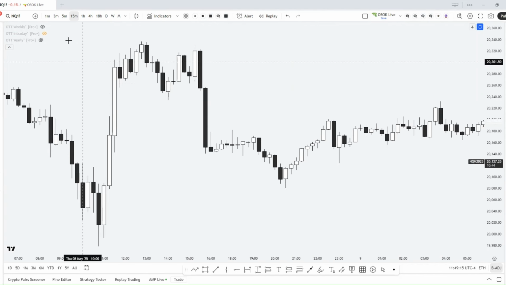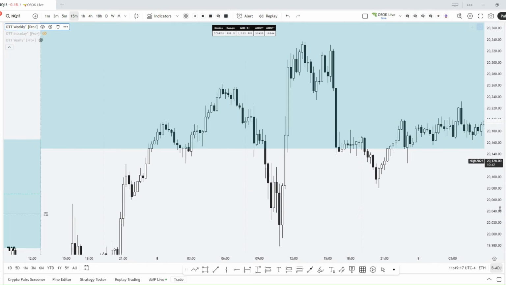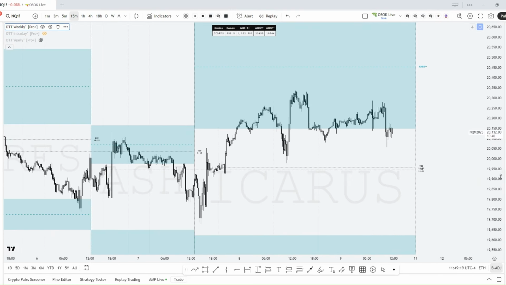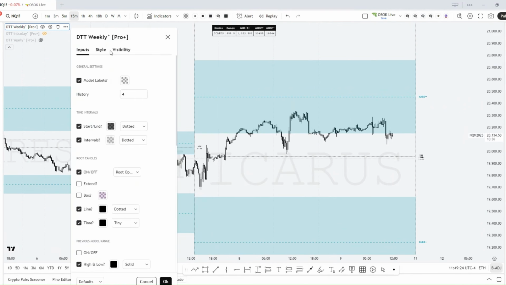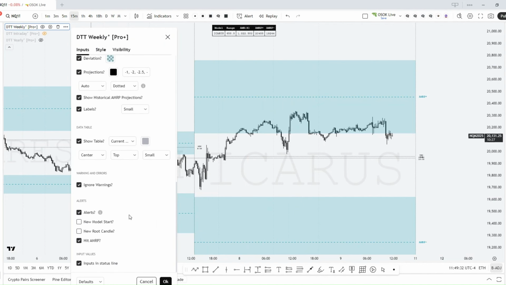To set the alert, so you would go here. I see Josh putting some pictures in there. You can set alerts on ES, anything. So whatever you want to trade, cryptos, you can set alerts on AMRP. And I like having this on. I also like having the root candle on.